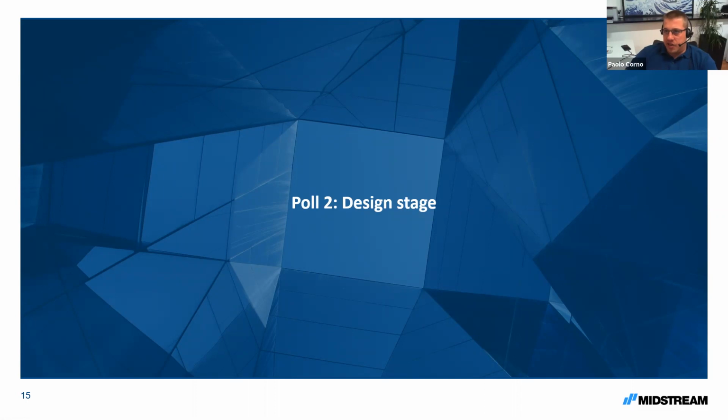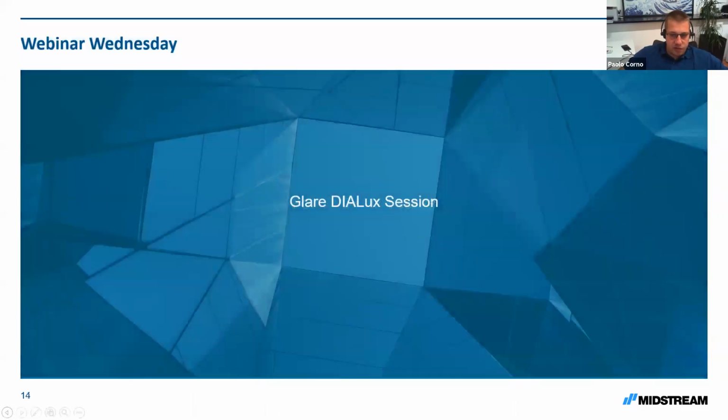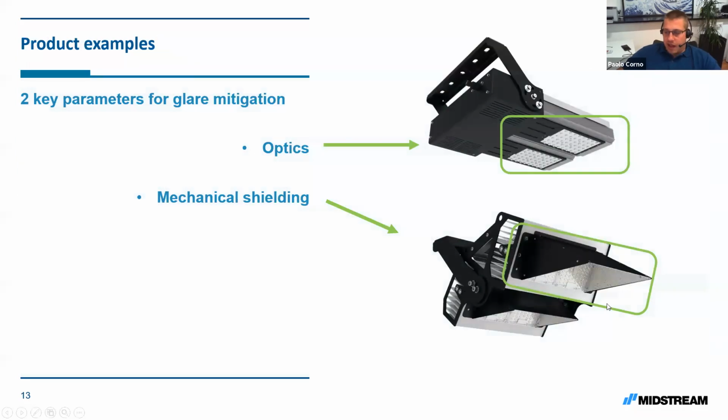Well, of course, the shielding has effects on the luminance. Actually, let me go back here and we can look at it. Of course, this is going to hide your light source, but wherever the light source is hidden, that means that no light from that source is hitting that spot. So it's going to affect a lot the shape of our photometric emission. It's also, of course, going to reduce the total lumen output of the luminaire because you're effectively shielding light.